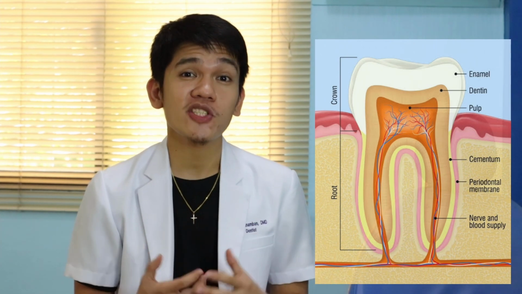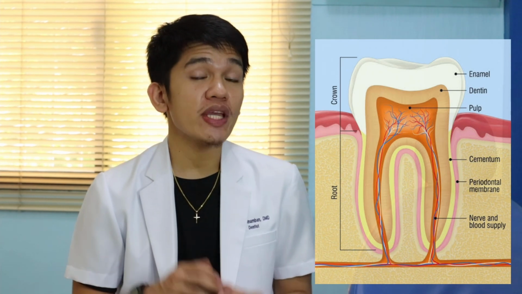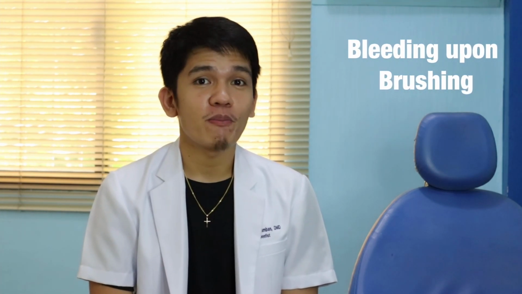Those things can cause sensitivity to the dentine. The problem is the cementum surface of our root area is thinner compared with the enamel. So if we are experiencing sensitivity and discomfort, there's a possibility that there's a gum recession.